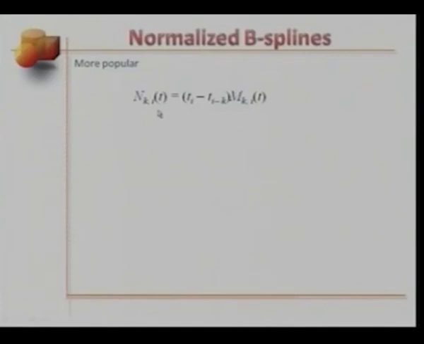In other words, you get a normalized basis spline by multiplying Mki(t) with the entire knot span over which this basis function stands, which is ti minus ti minus k.